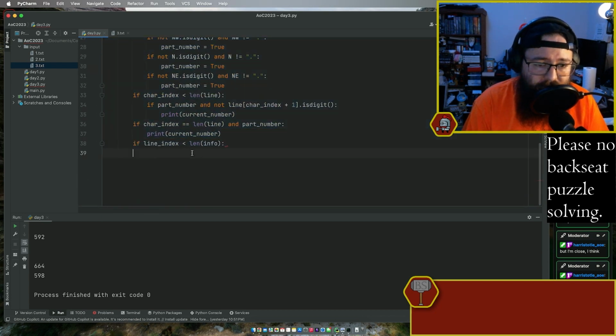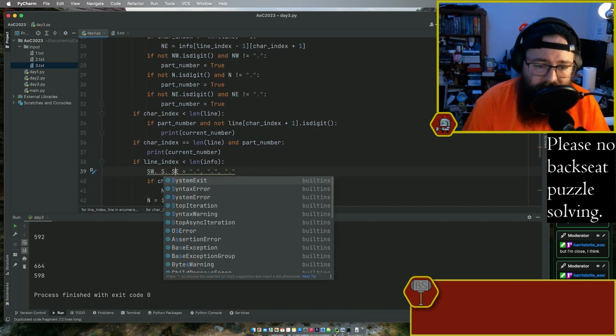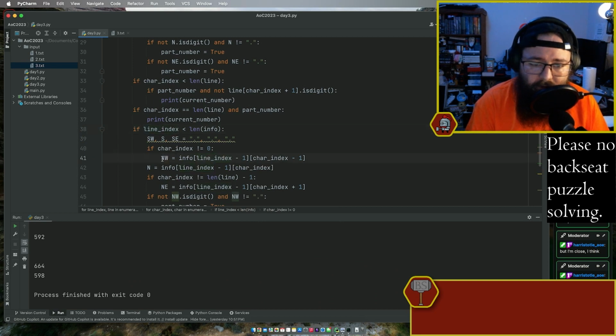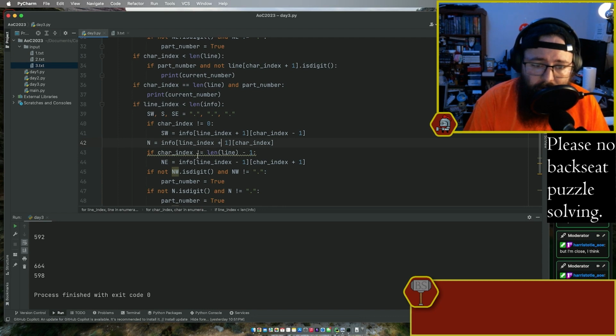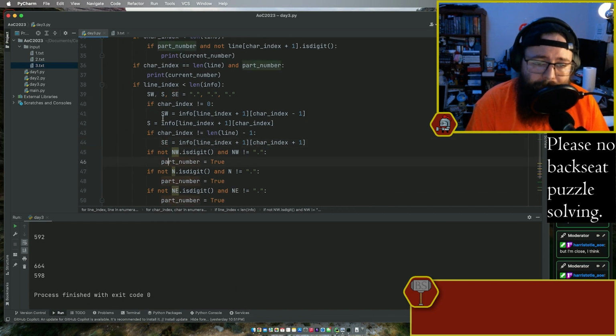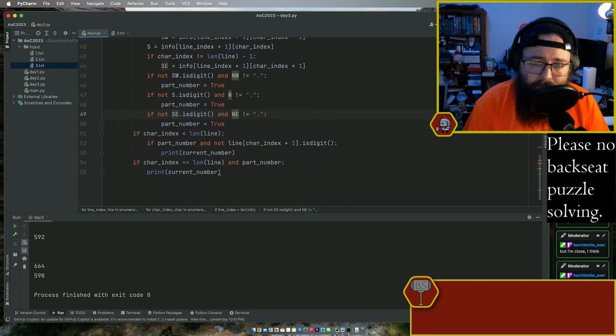Okay, now we're just doing the same thing but with south, south, south. Here we're doing +1. Here we're doing +1. And here +1. South. We're looking at the line below us.